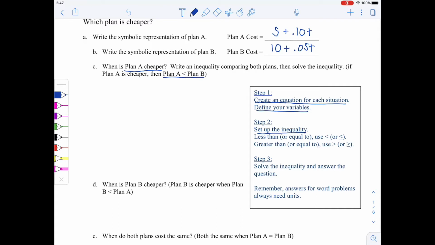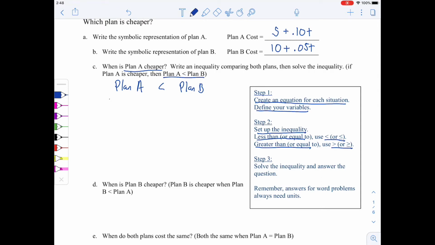Set up the inequality. Remember, less than or equal to using these symbols, greater than or equal to using these symbols. Okay, so we want to set up plan A is less than plan B because plan B is cheaper. So we do plan A, plan B. And we want it to be less than, right? Plan A is less than plan B.